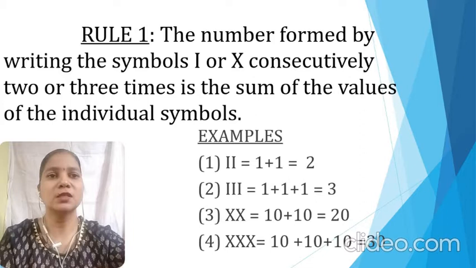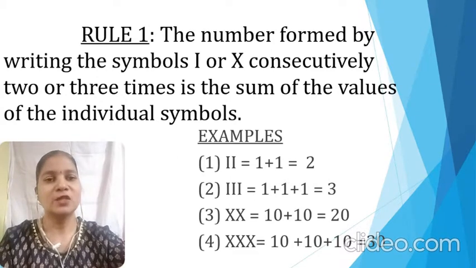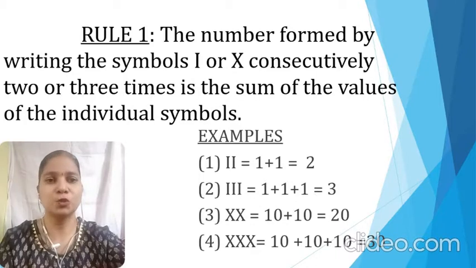The first rule is that the number formed by writing the symbols I or X consecutively 2 or 3 times is the sum of the values of the individual symbols. That means if we write I and I, the first I means 1, the second I means 1 again. 1 plus 1 is equal to 2.